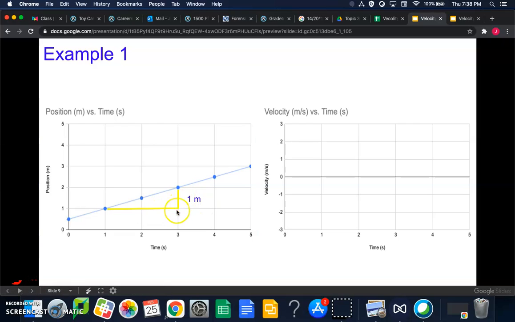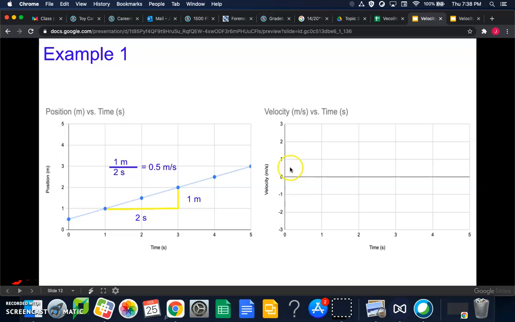The rise should be 1 meter for this graph, and the run should be 2 seconds as we go from 1 second to 3 seconds. Okay, and so then we're going to divide the rise by the run, so 1 meter divided by 2 seconds, and that equals 0.5 meters per second.